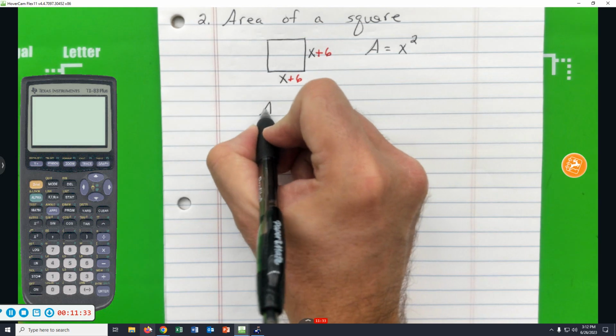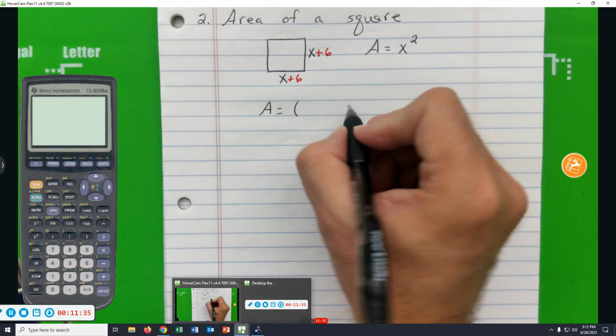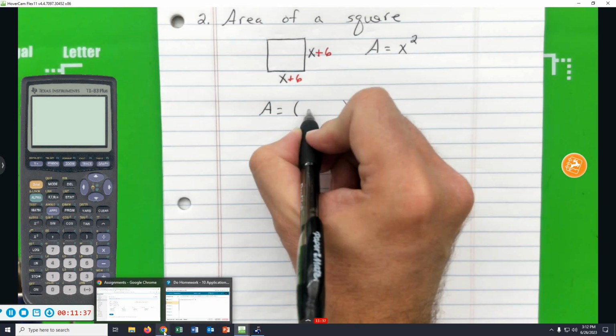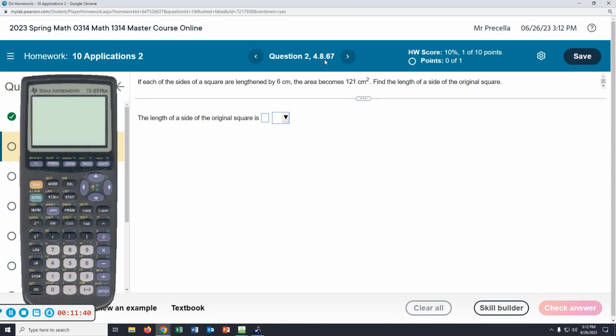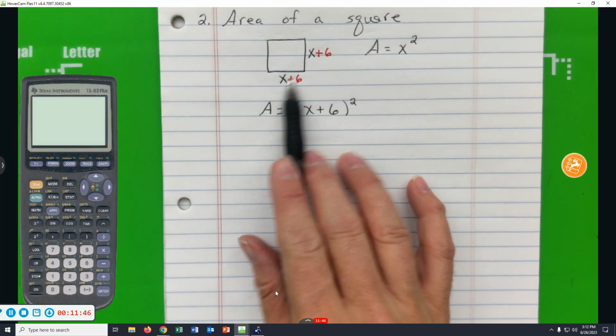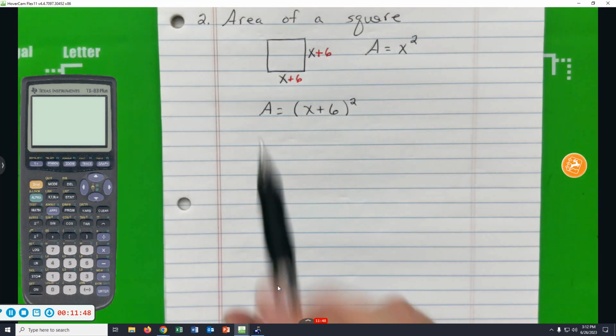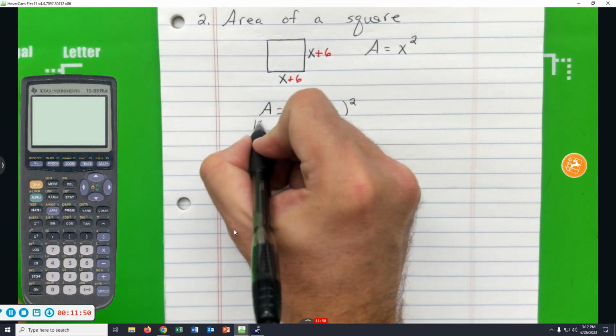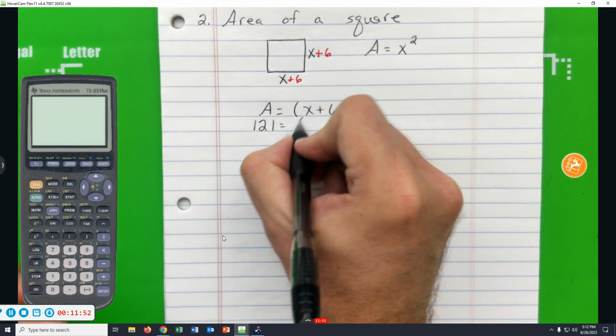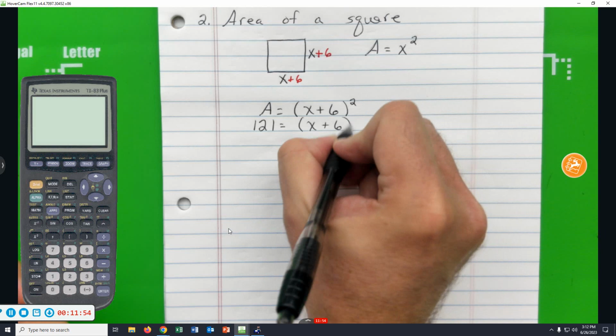So if the dimensions are lengthened by 6 centimeters, what did they say? The area becomes 121 square centimeters. So here, x plus 6 times x plus 6 equals 121.